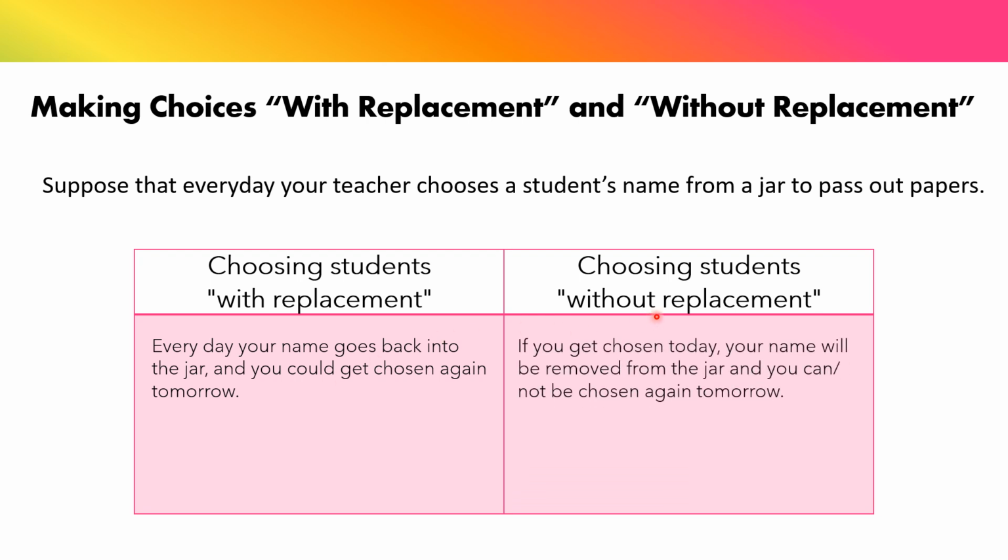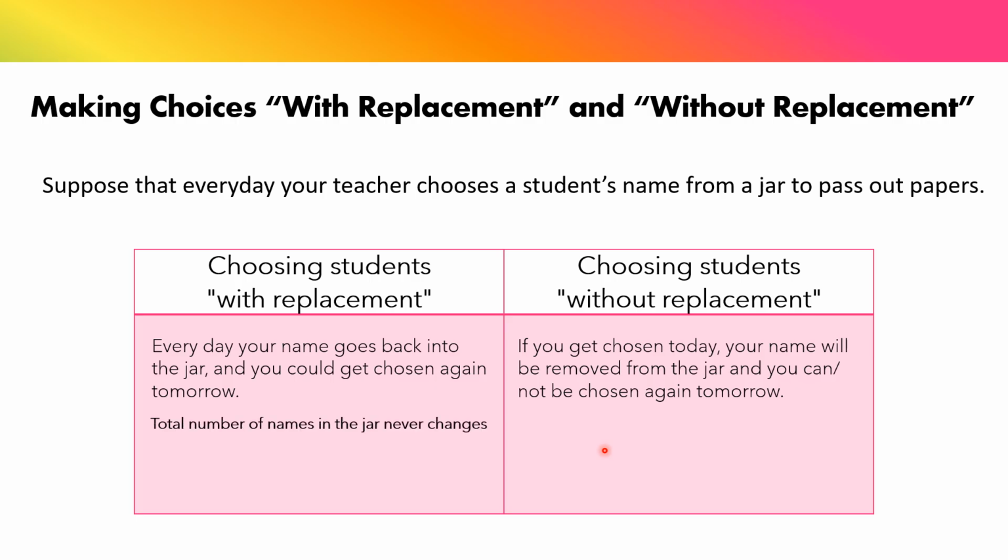Now, if she's choosing students without replacement, then if you get chosen today, your name is taken out of the jar, and you cannot be chosen again tomorrow. So if you are making choices without replacement, then the total number of names in the jar changes.